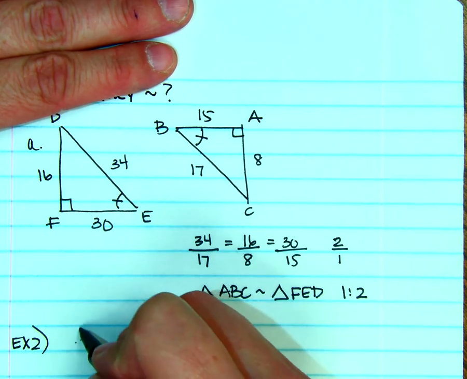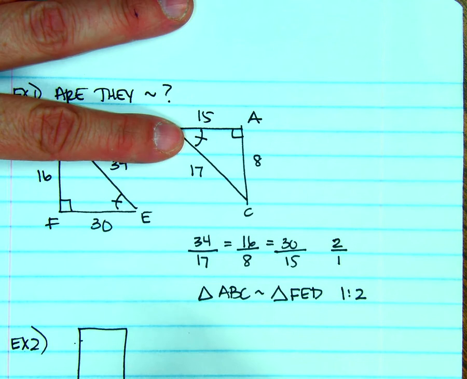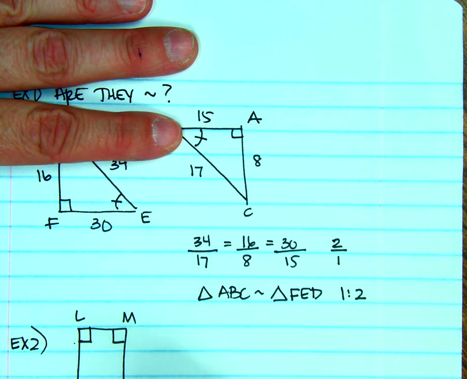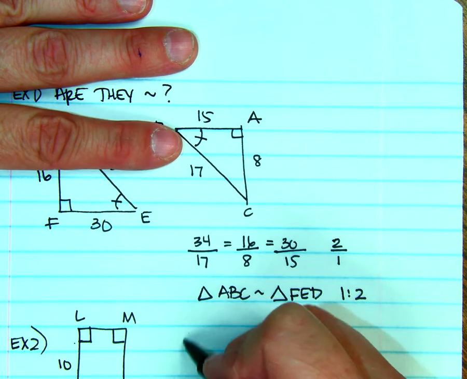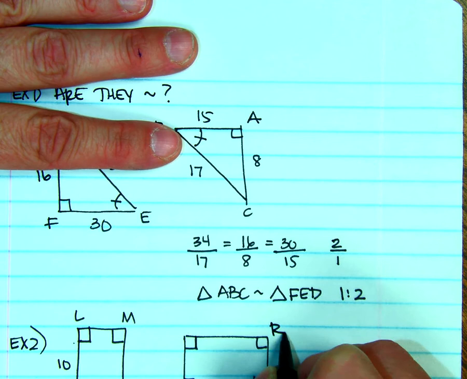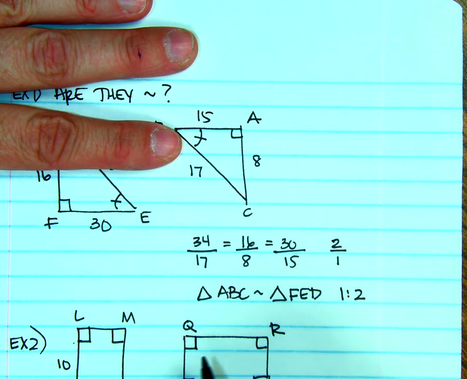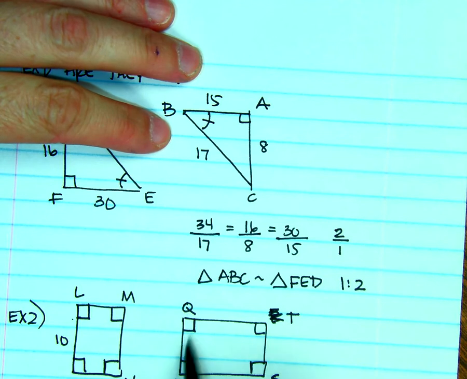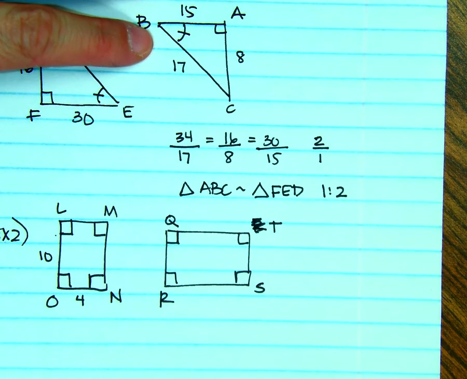Example 2, looking at 2 rectangles. Okay, so if we are looking at the two rectangles, obviously all the angles are congruent, so now I have to check for proportionality of the sides.